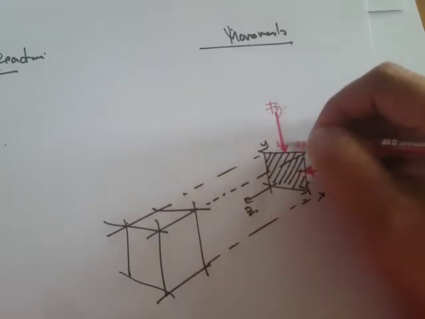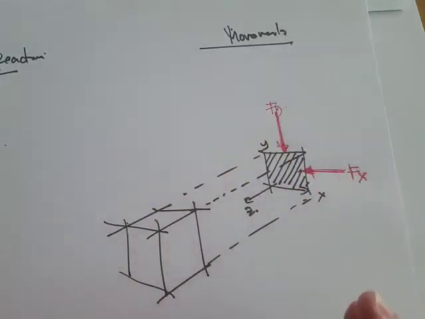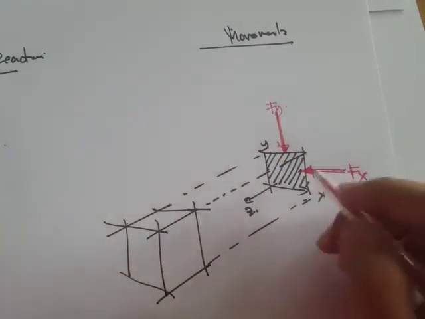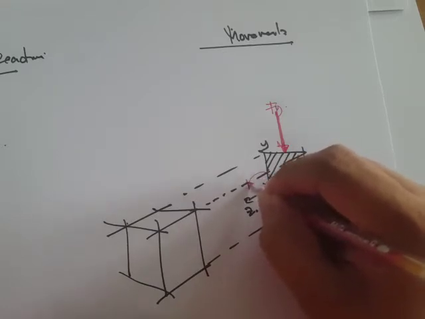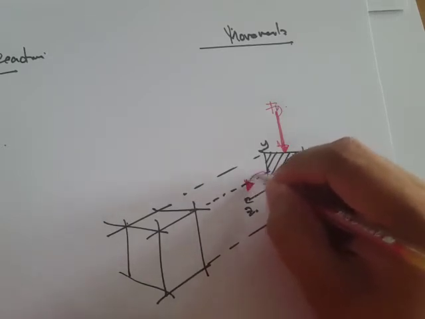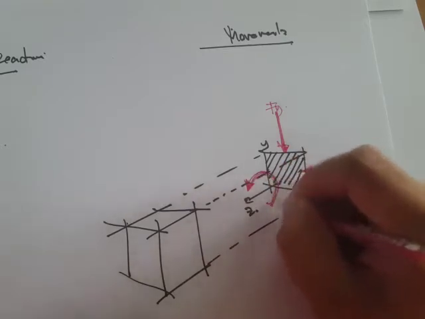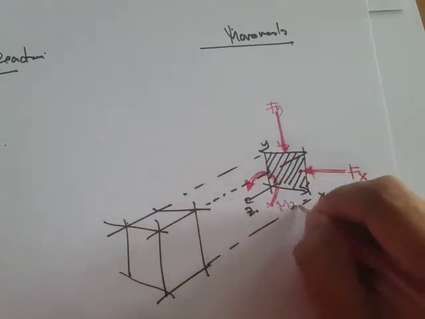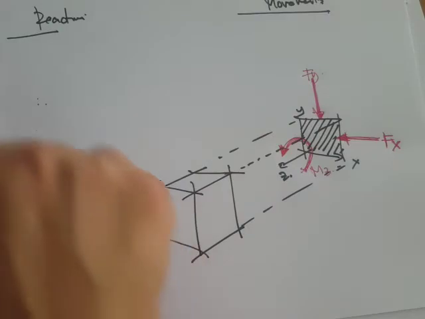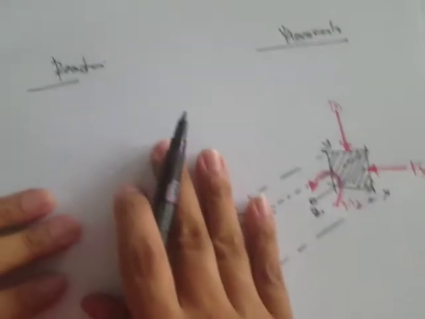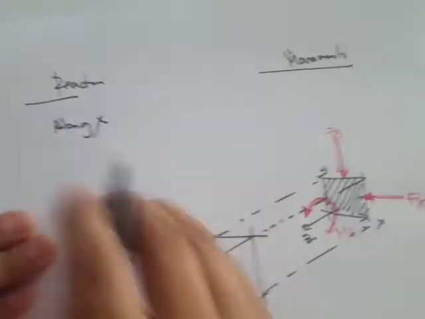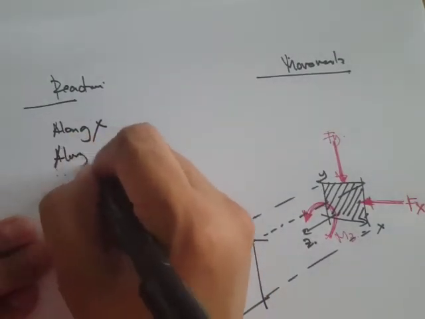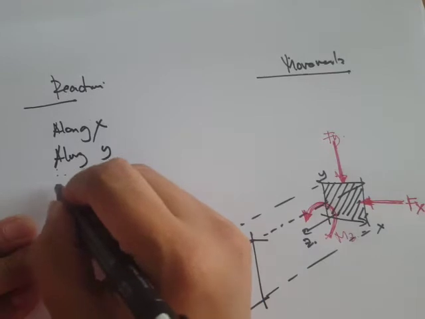direction, so Fy. Okay, and then in order to maintain the equilibrium, there must also be a reaction moment, a reaction rotational force, and that's what we call the moment along the z-axis. So Mz. Okay, so meaning that our reaction would be reaction along X, along Y, and rotational.